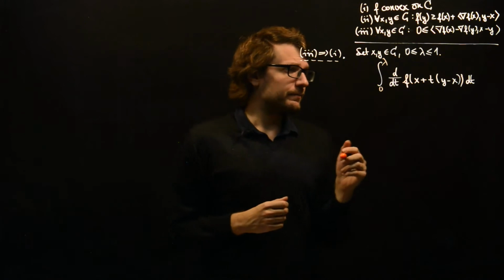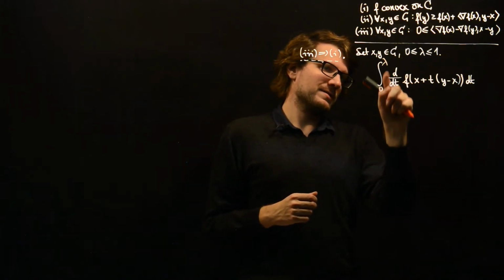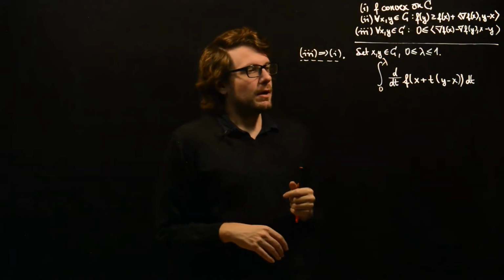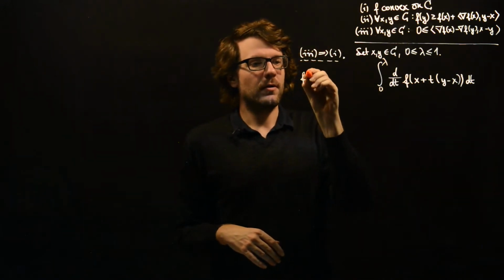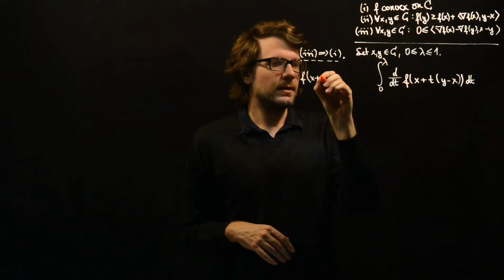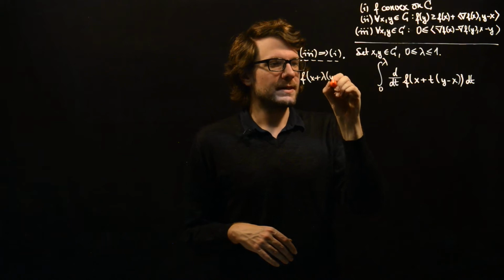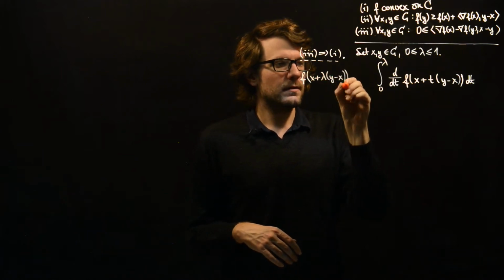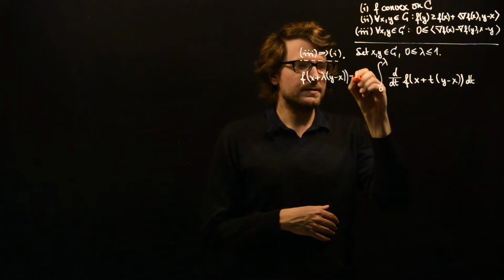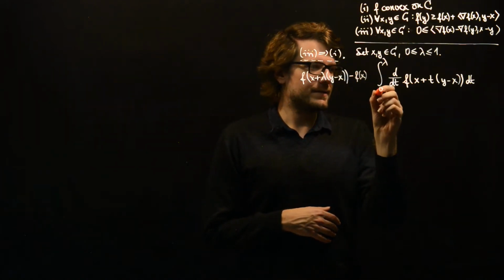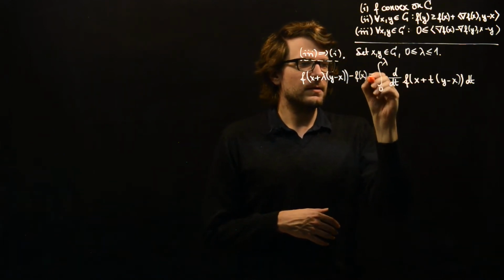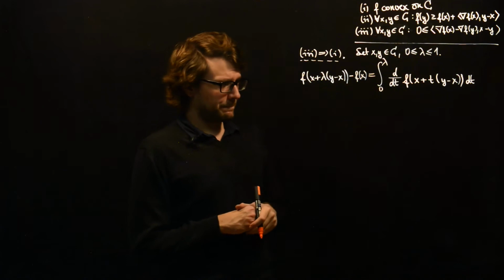What do we get then? Well, this is just the integration over some derivative with respect to t. So we get f of the upper limit, x plus lambda times (y minus x), and minus f of x when we set t equal to the lower limit here. So this is this integral here.